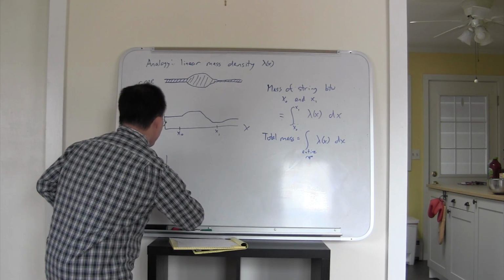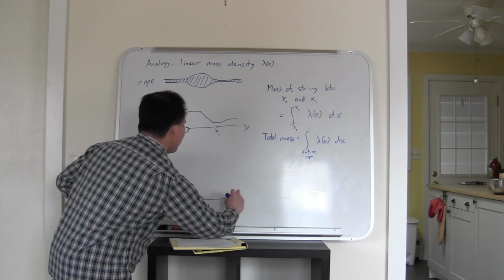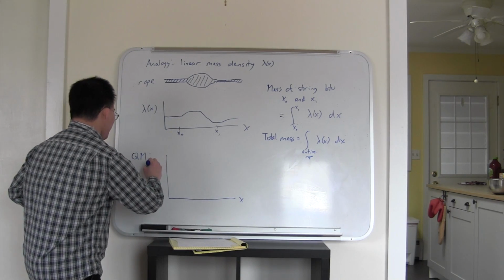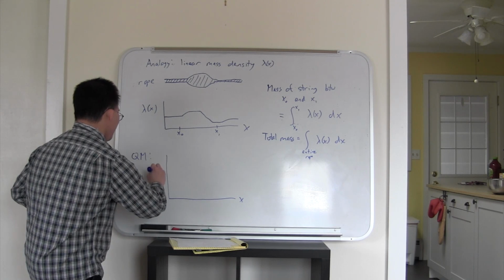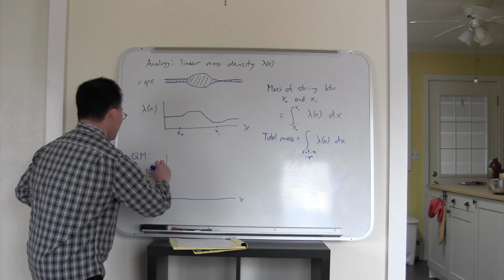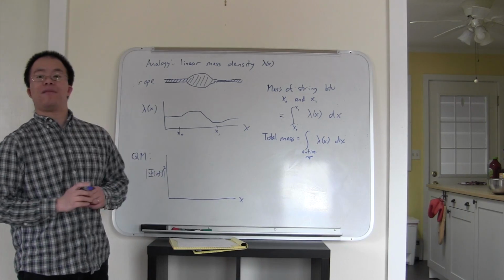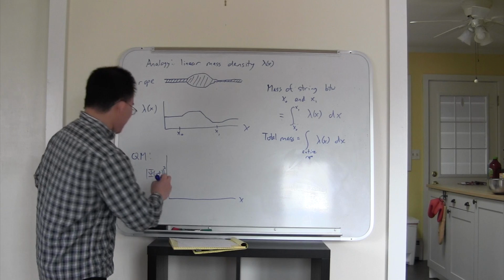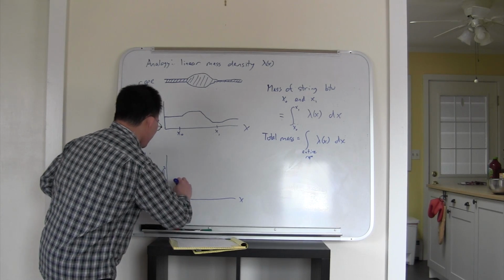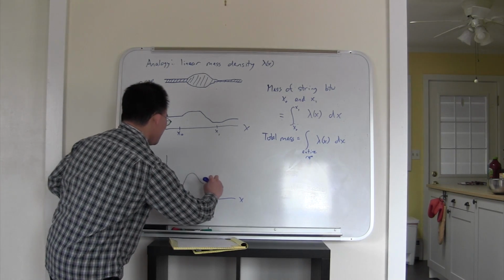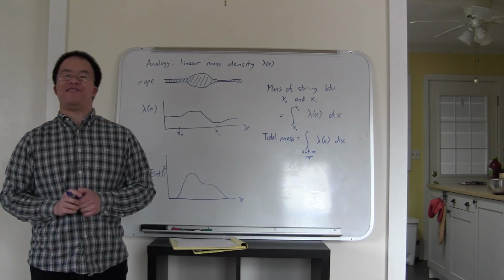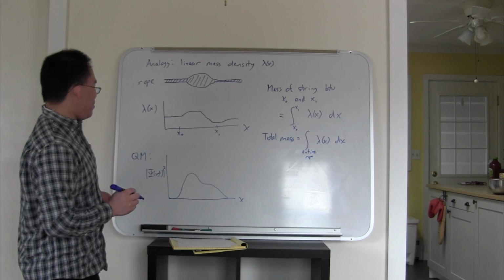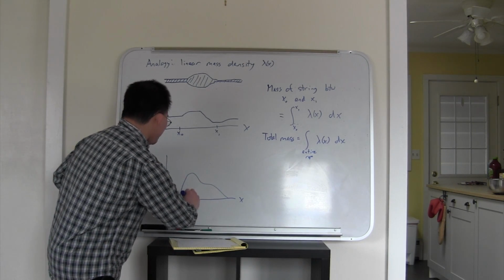Here's x, and I'll plot the modulus squared of psi of x and t right there. Let's suppose it looks something like this.